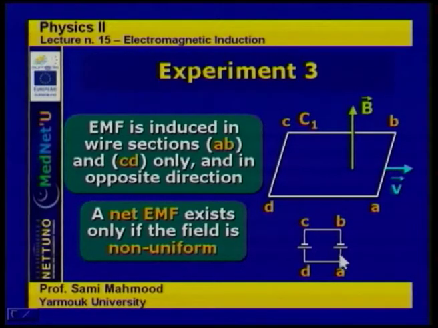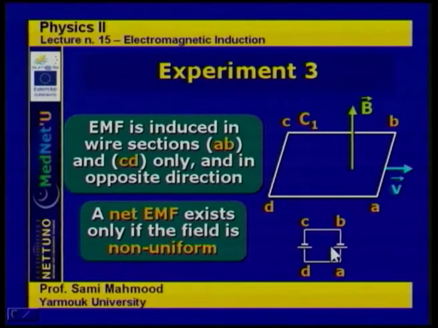So we have an electromotive force in AB and an electromotive force in CD. If we take V cross B, the directions of them look like this. So they are in opposite directions. One of them is driving current counterclockwise, and the other one is driving current clockwise in the circuit.